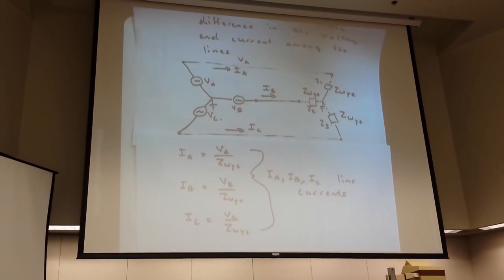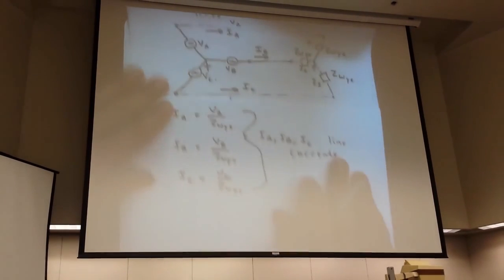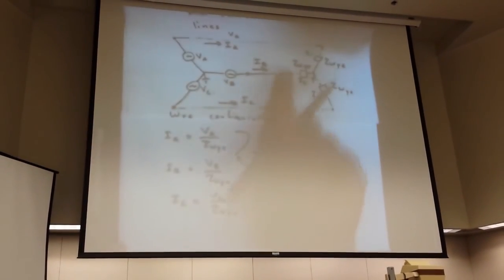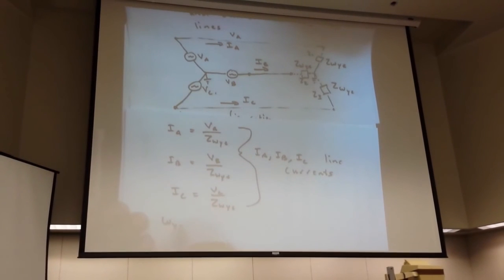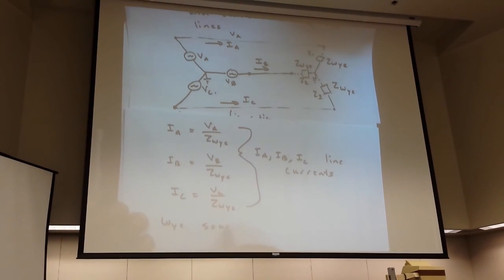Once we know the phase voltage, we can find the line current by applying Ohm's law for this Y type of connection. And so here's a Y source to a Y load. So we had a Y source to a Y load.